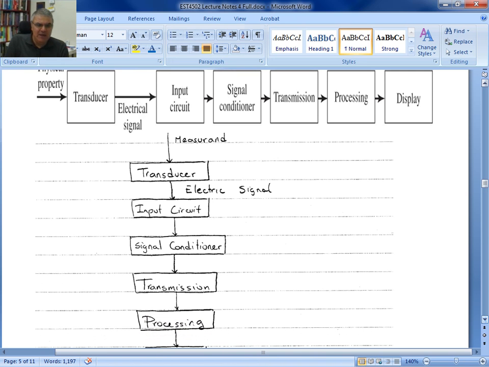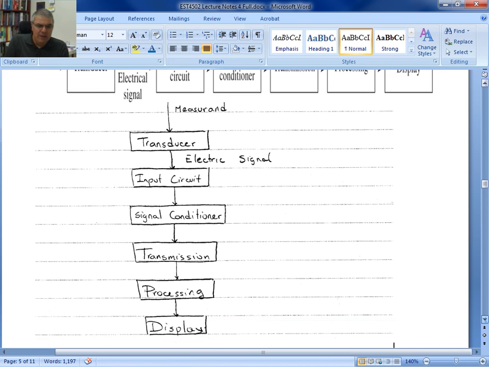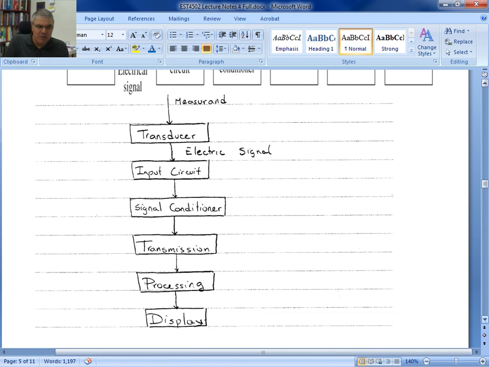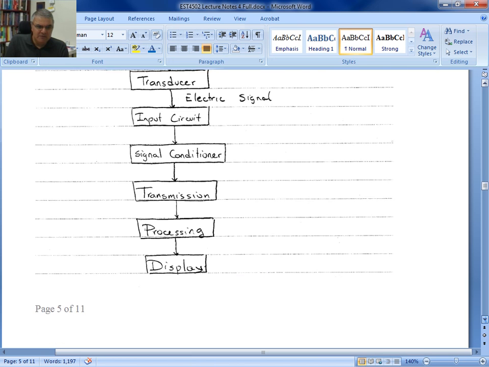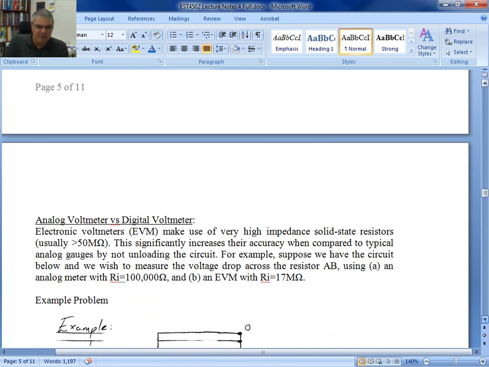That's a better word in this case. Eventually, after it's been processed, it will be shown on the display of a particular device.